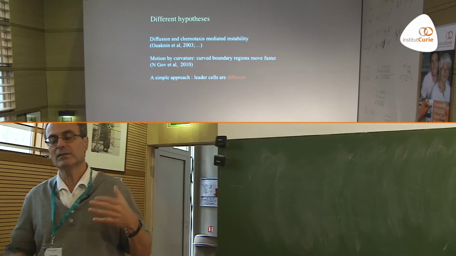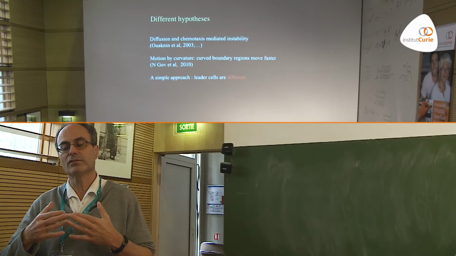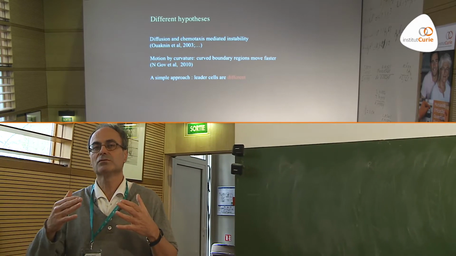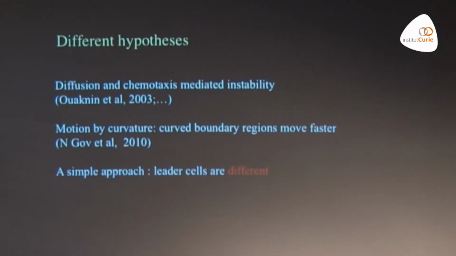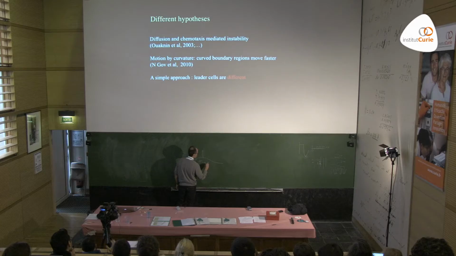So let's suppose that the velocity of a cell at the interface is proportional to the curvature of the interface. If I have a curved interface, maybe I should draw that. This part will go faster than this one. So the velocity will be proportional to the curvature of the interface.